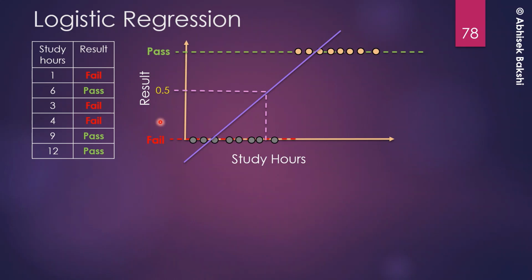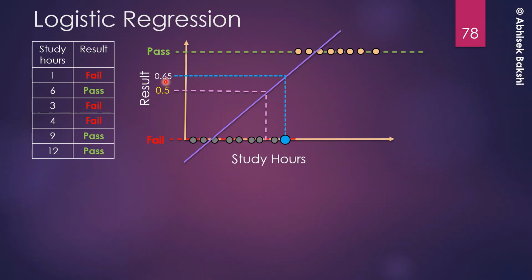So if a new data point comes, I don't know whether this particular data point will be on this side or this side. I have kept it here just to show you which part of the study hours it is representing. So for some particular value of study hours, we have a point here and we can easily project it on this line, which will again be projected towards the y-axis, and I will get some value.